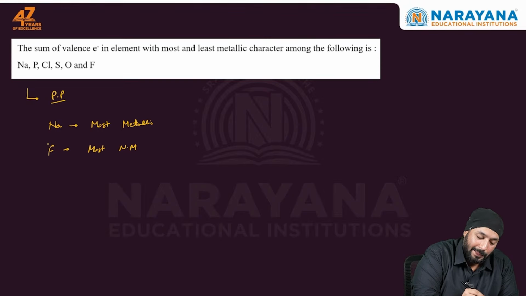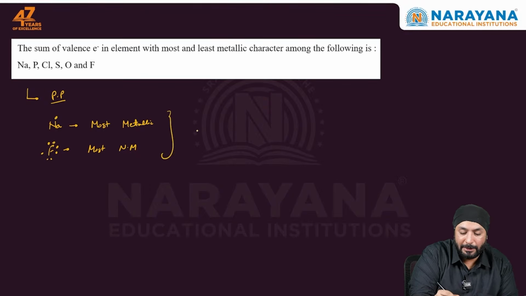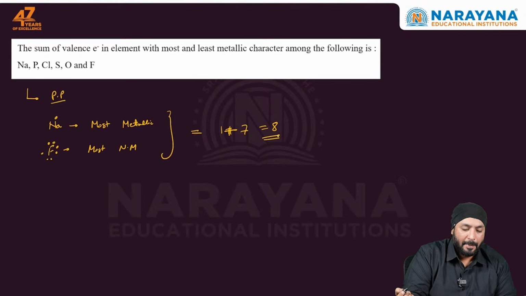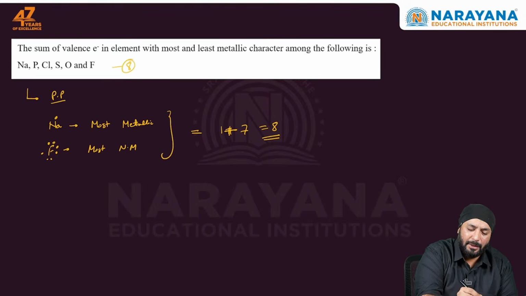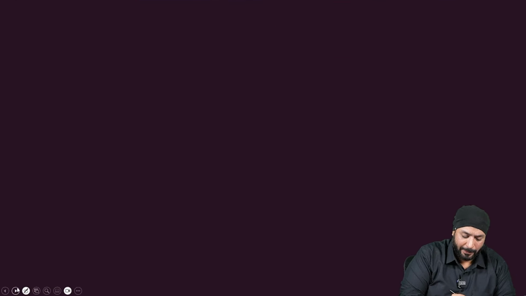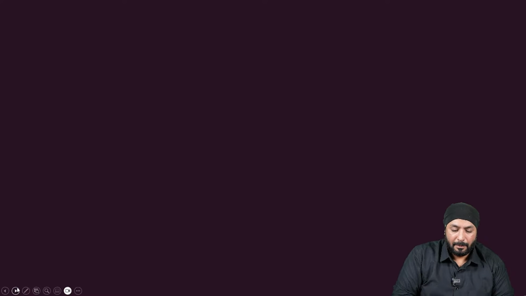The valence electrons on fluorine are 7, on sodium 1. The sum of the total number of electrons is 1 plus 7, which comes out to be 8. So this question is very simple, doable, less time consuming, a very nice, student friendly question, right.